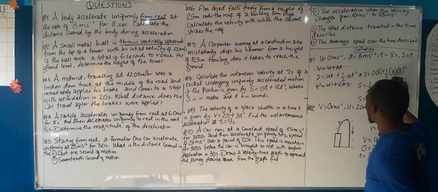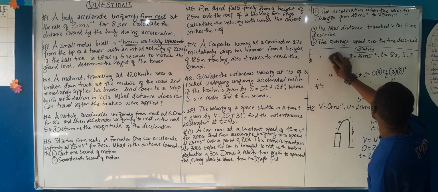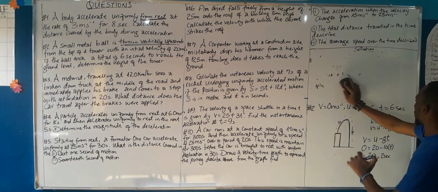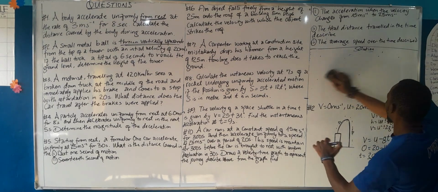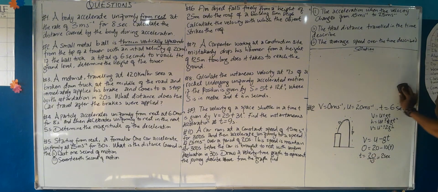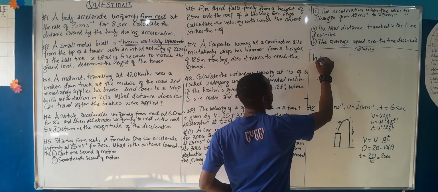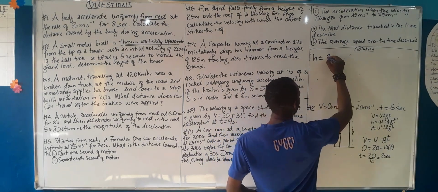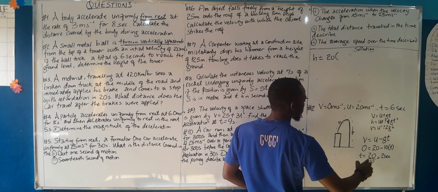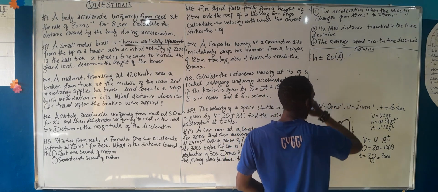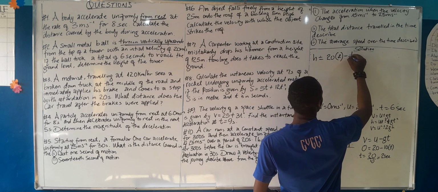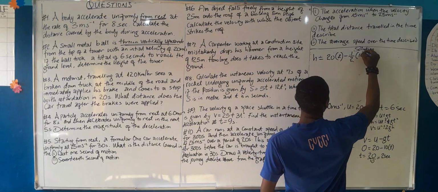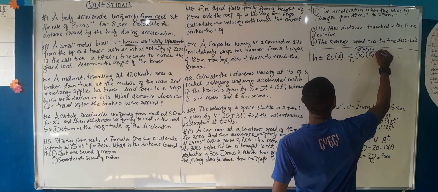Now, we want to find the height of this. I don't want to clean this question until we've gone far, so let me clean this part and solve. Now we've gotten this. Now let's find the height. A equals U is 20 and the time is 2, minus half of 10 times 2 squared.